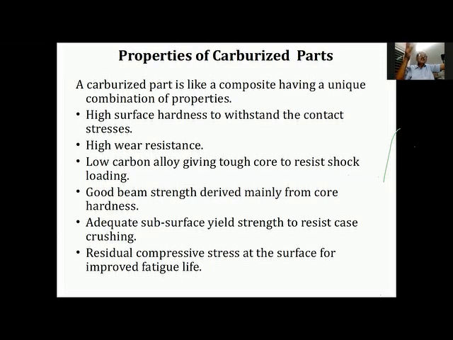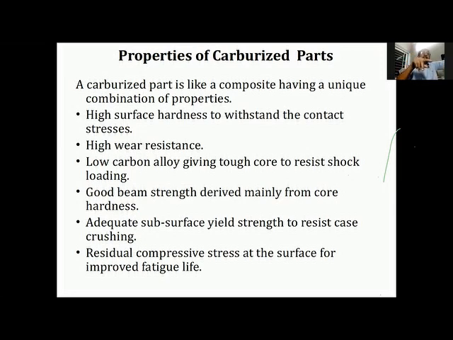Whereas the other gears are already in mesh and the vehicle is moving, so there is no risk of impact. That's why these three gears are always specified with a better alloy steel to give the tough core to resist shock loading.